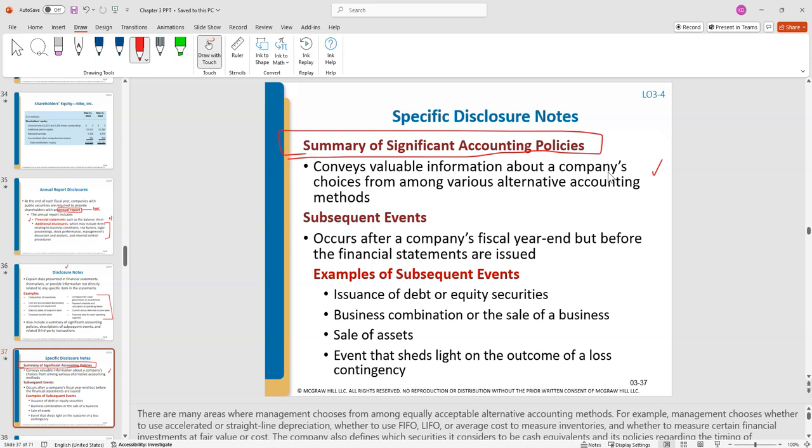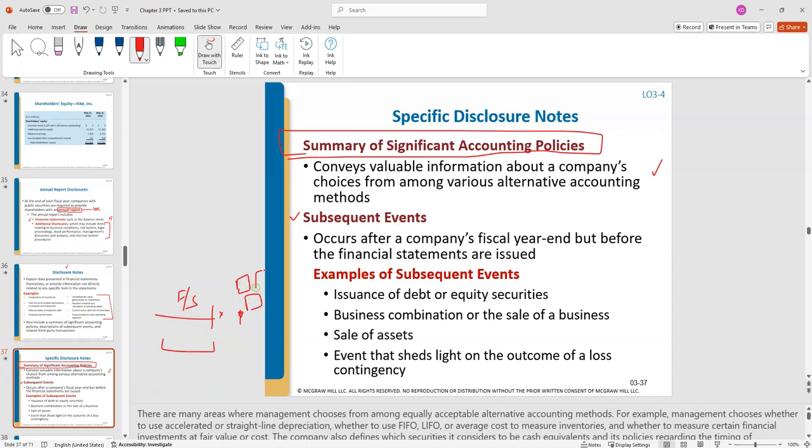Okay. Other things, right? Another like disclosure note would be a subsequent event, right? So these occur after the fiscal year end, right? So maybe there's 12/31, right? The end of the financial statements, we capture everything in there, but there's some type of subsequent event that happens there, but before we actually issue the financial statements. So here they are, right?